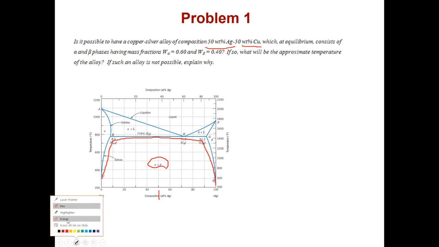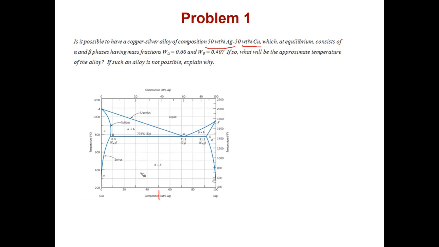In order to see whether this is possible to get mass fractions of 60 and 40 of alpha and beta, what to do is to compute the two extremities. First, we move on to the upper limit right here. Upper limit is right here, and the lower limit is the room temperature or above room temperature, somewhere here.